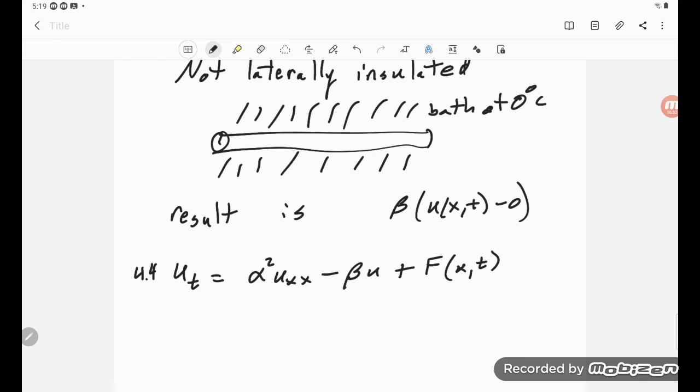And this beta is a rate constant, with beta greater than 0. Okay, now that finishes up that section. We'll probably talk a little more about this.